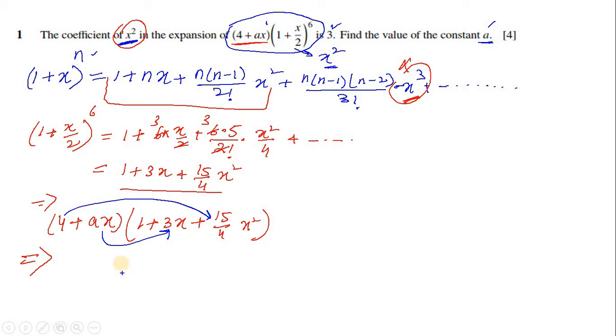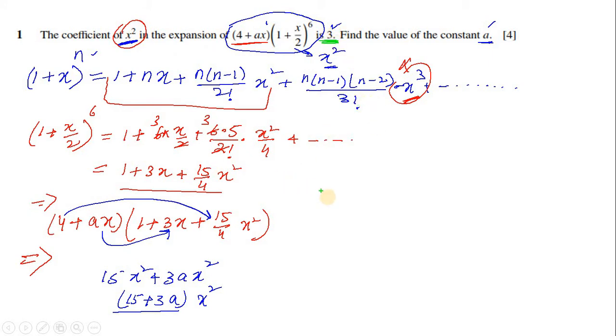Finally you have 15/4 x square multiplied by 4, so the 4 gets cancelled, that means 15 x square, plus ax multiplied by 3x, so 3a x squared. Taking x square common, we get (15 + 3a) x square. This is the term involving x square, and this is the coefficient, and the question says the coefficient of this x square term is 3.